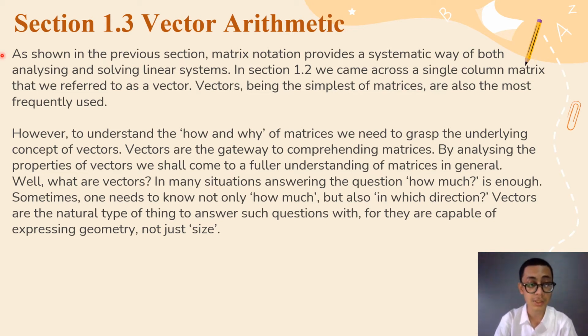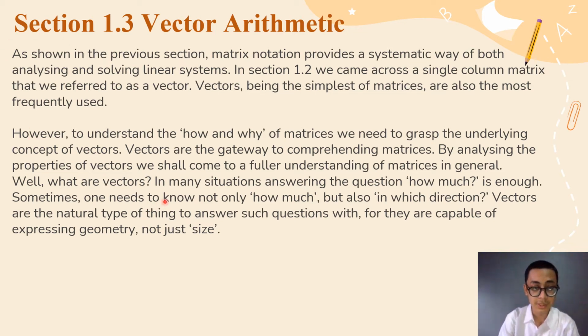However, to understand the how and why of matrices, we need to grasp the underlying concept of vectors. Vectors are a gateway to comprehending matrices. By analyzing the properties of vectors, we shall come to a fuller understanding of matrices in general.